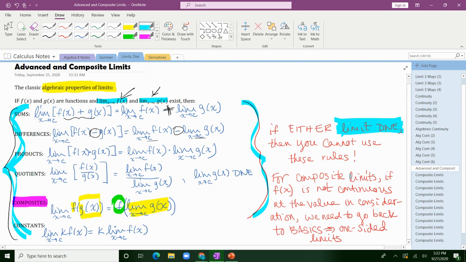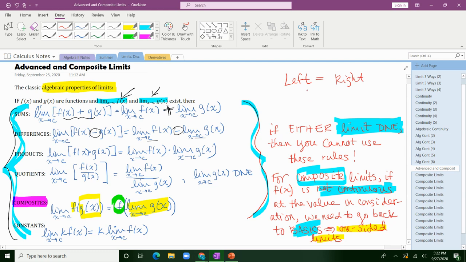Then what? For composites especially, if one of those limits does not exist, mainly because the function isn't continuous, like if there's a piecewise function or a jump discontinuity, then we're going to have to go back to basics. And back to basics means, how did we first start defining limits? We defined limits with one-sided limits, meaning if the limit from the left equaled the limit from the right, then the overall limit was the same.